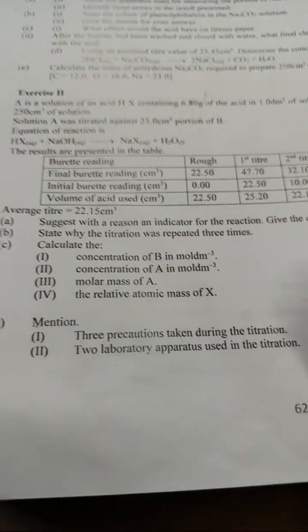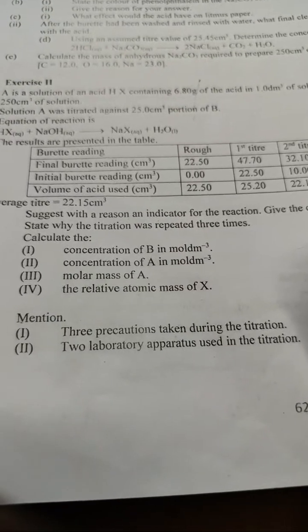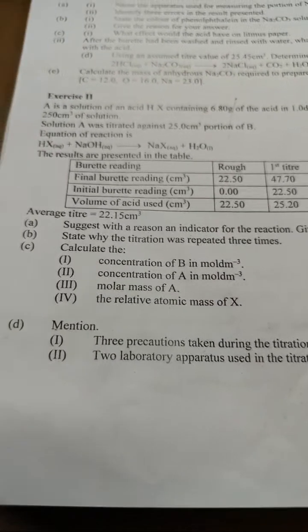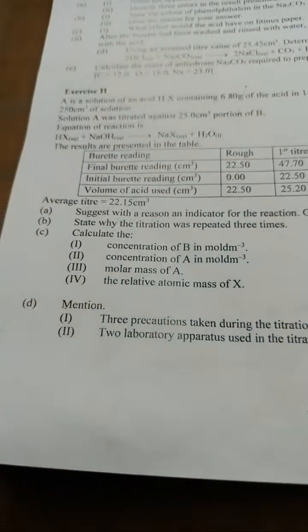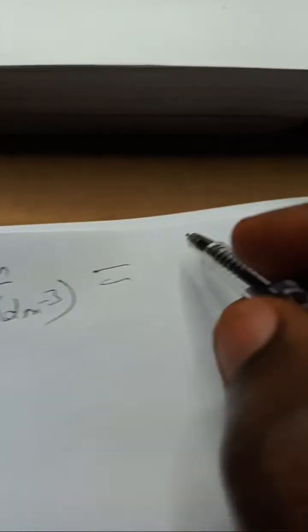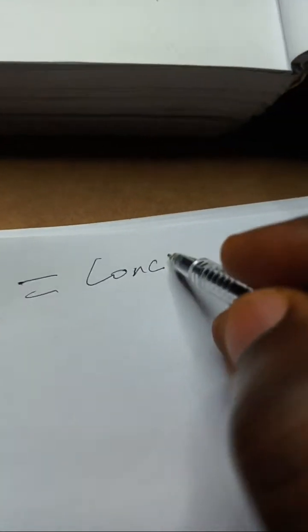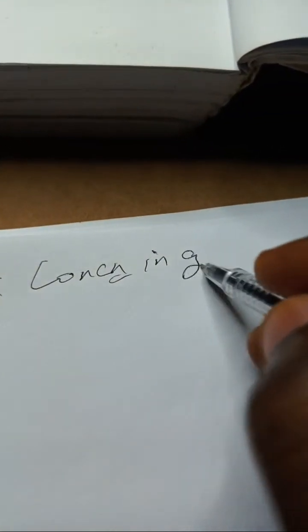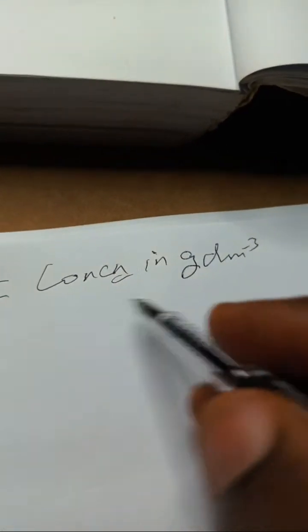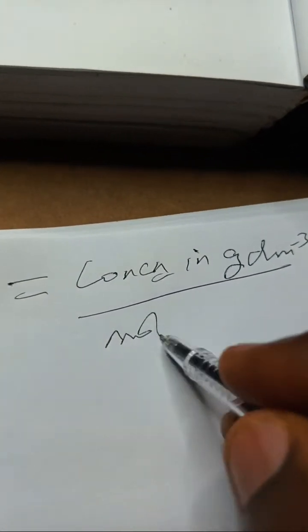The molar mass of A. How do we get molar mass? We can use the same formula that we have used before, where the concentration in moles per dm cube is equal to the concentration in gram per dm cube over molar mass.